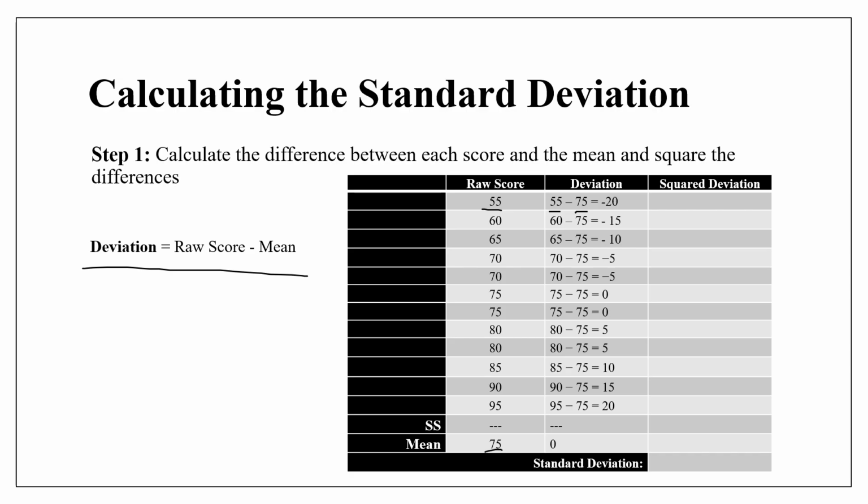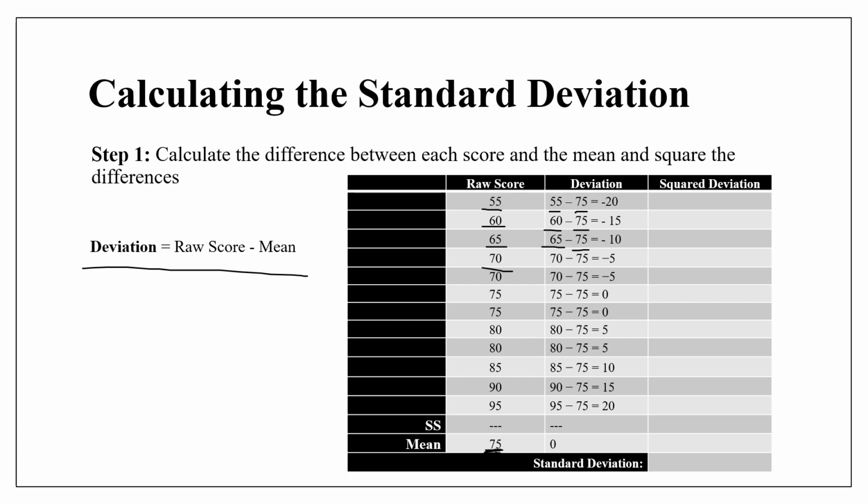In this case, we have negative 20, and again, be careful with the negative. Then we have a raw score of 60, so that number goes first, minus 75, which is the mean, again, and that's going to give you negative 15. Then you have a raw score of 65, so we put 65 first, minus the mean, which we already know is 75, so you're going to get negative 10.